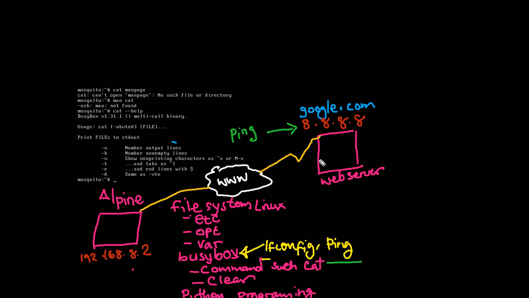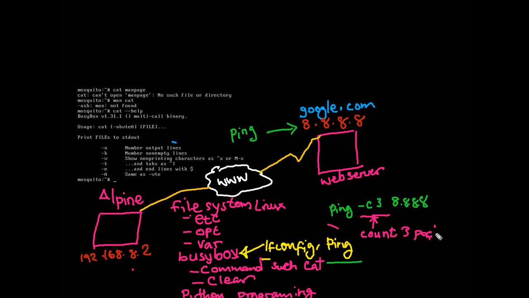To write this statement, we write ping, then I'll put -c and a number, then 8.8.8.8. What we have introduced here is called count, 3 packets.